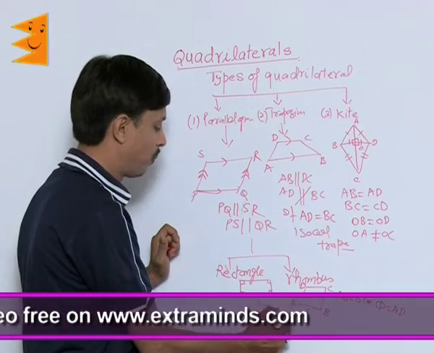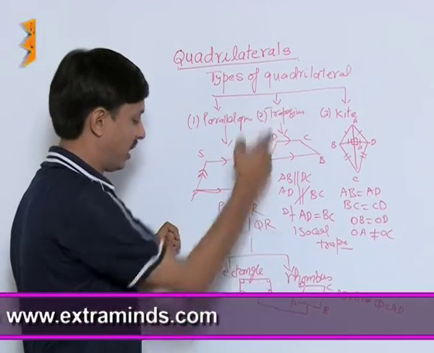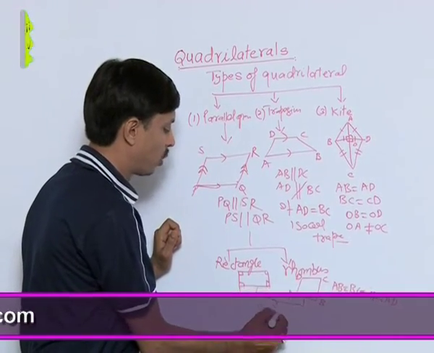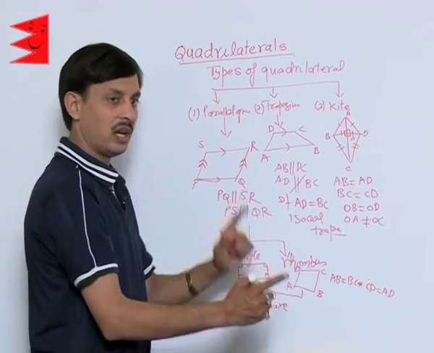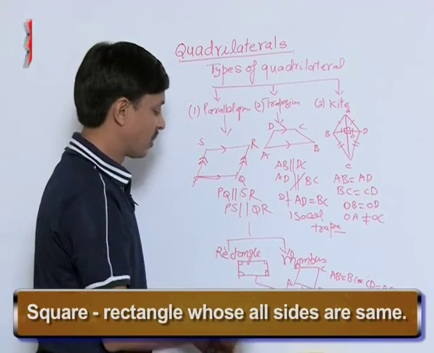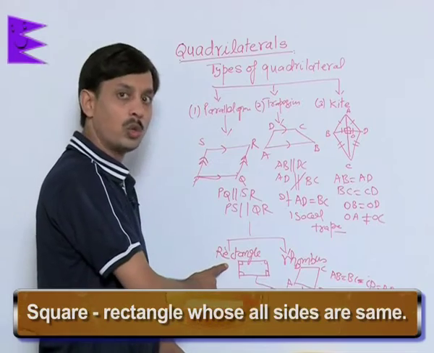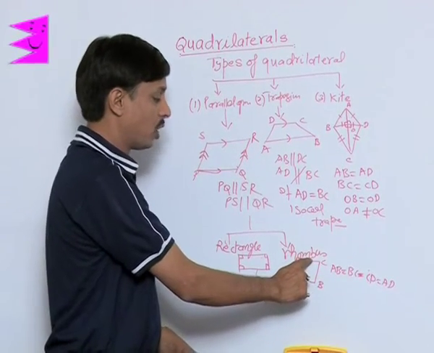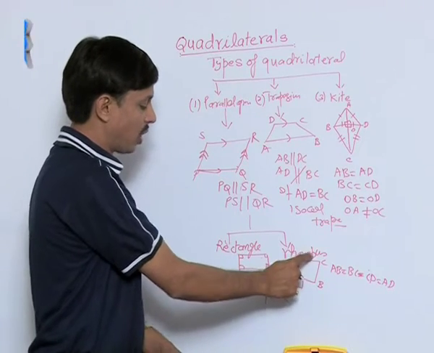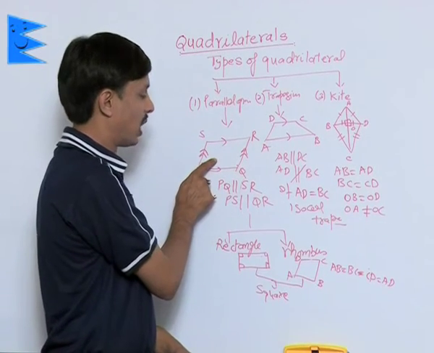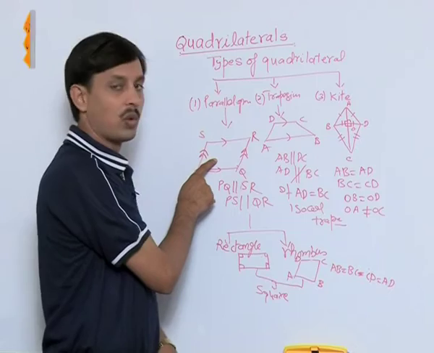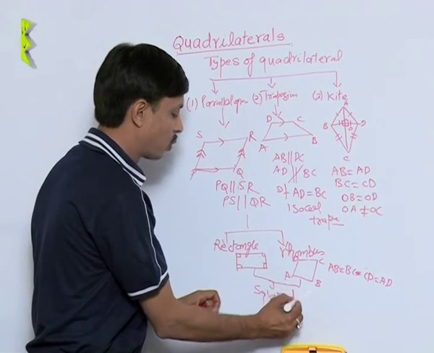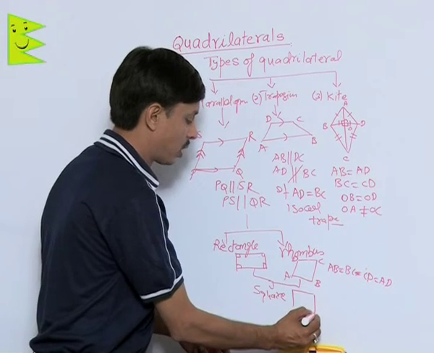Now the last member in the family of quadrilaterals is known as the square. What is the square? Square can be defined as a rectangle whose all sides are the same, or a rhombus whose each angle is 90, or a parallelogram whose all sides are equal and each angle is 90. So the shape of the square is like this. I can draw here.